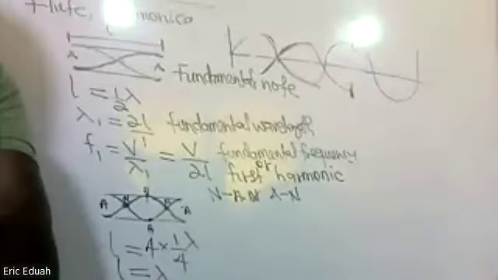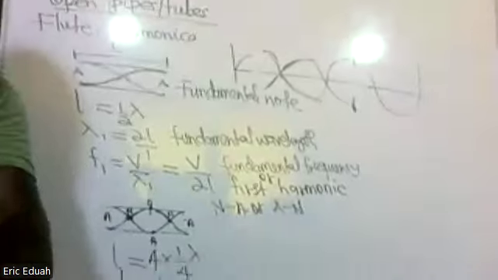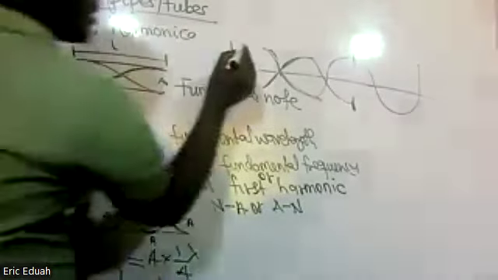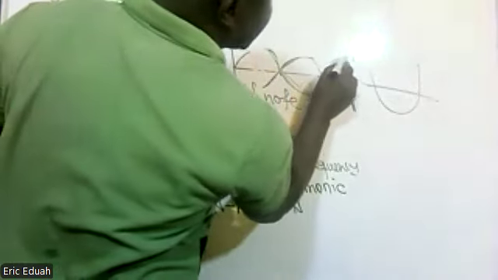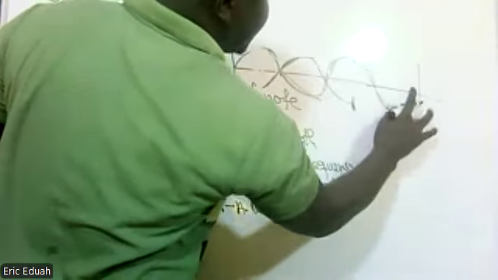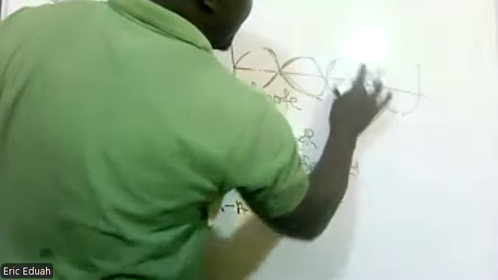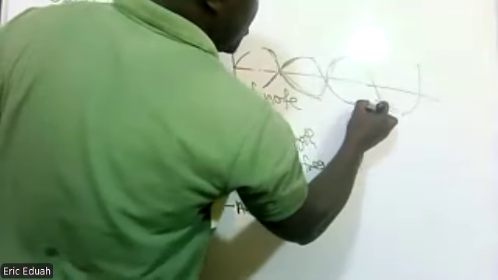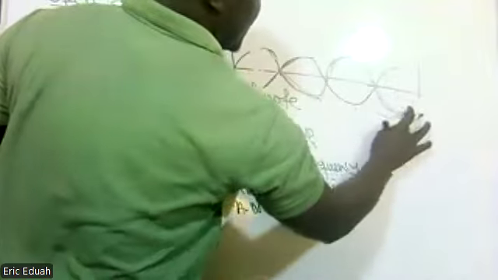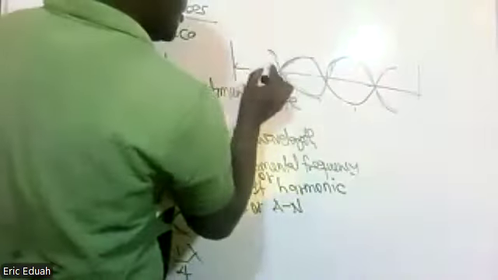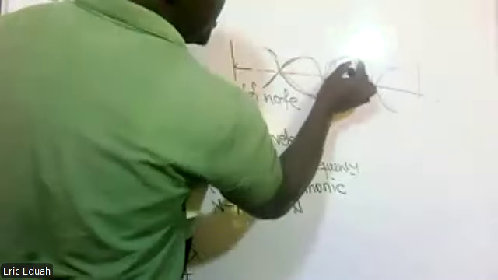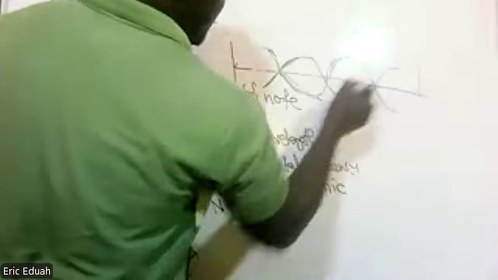So the third node would continue and end here. So the reflection would also look like this. So this time we have 2 completes within 1 complete. This is 1, 2, and then the quarter.